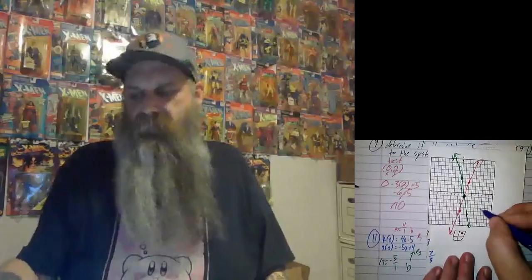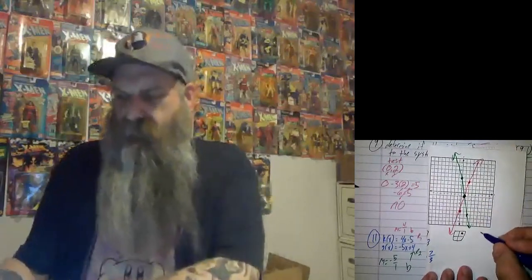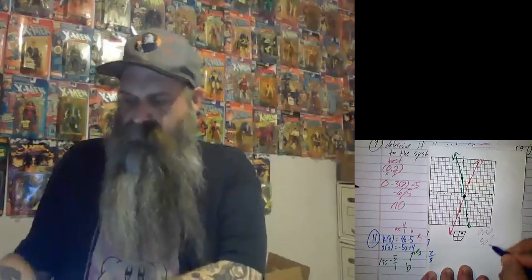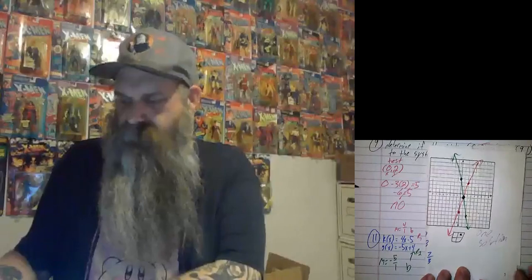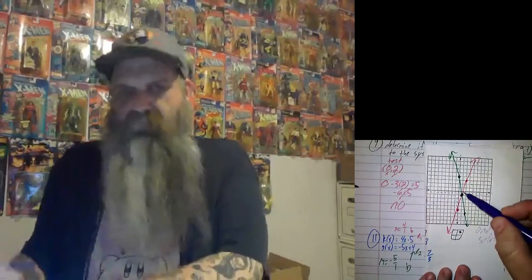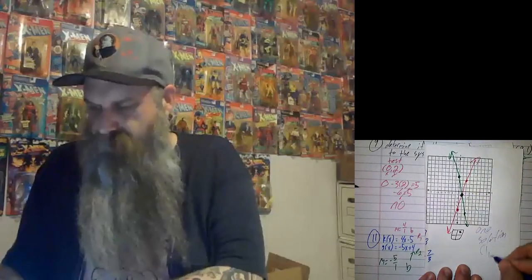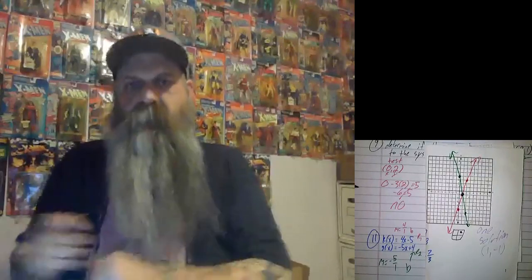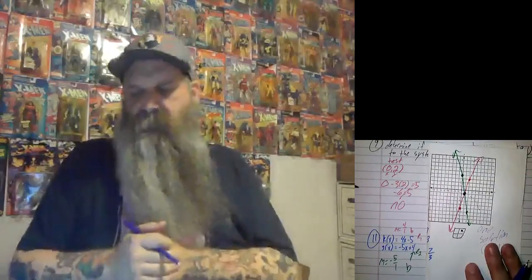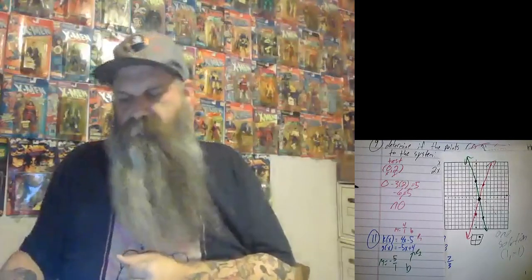And the point of intersection, that's our one solution. The exactly one solution, and where is that point? So this is at 1, -1. I guess I'll stop there for this one.